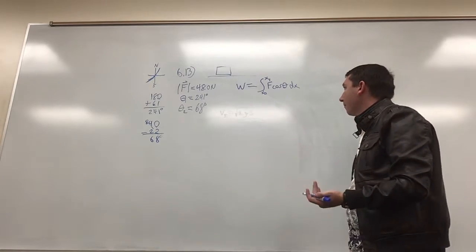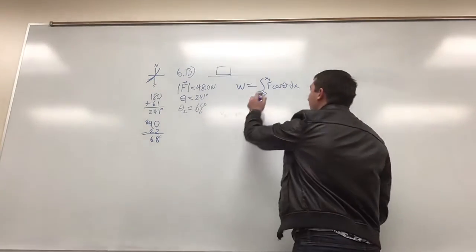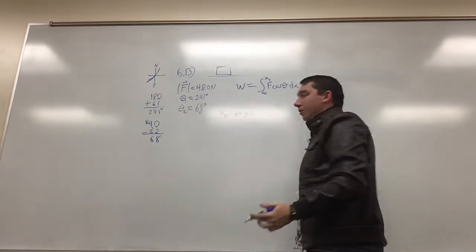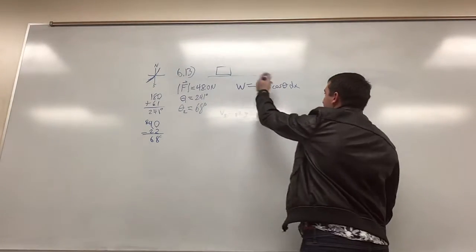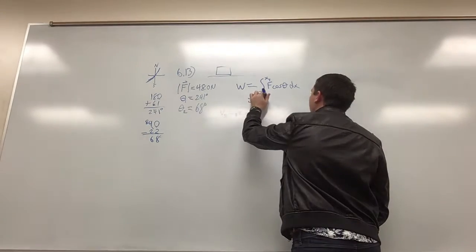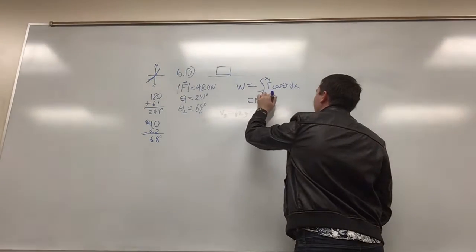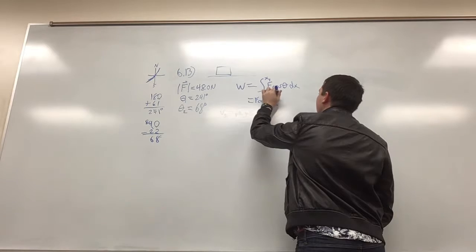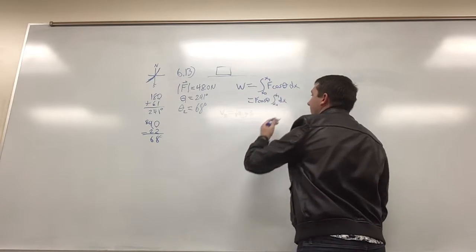So the force and the cosine, because we're assuming they're constant, come outside the integral. So that's the force times the cosine of the angle times the integral of dx.